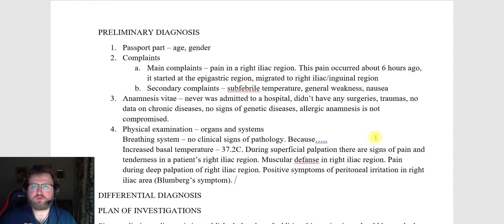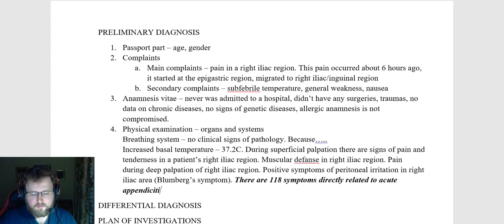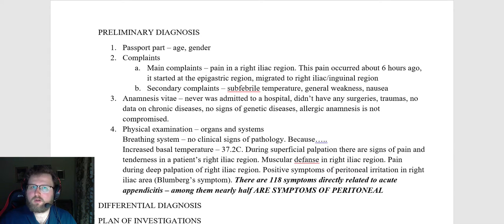So as far as I know, up to date, there are 118 symptoms which are directly related to acute appendicitis, and among them nearly half are symptoms of peritoneal irritation.